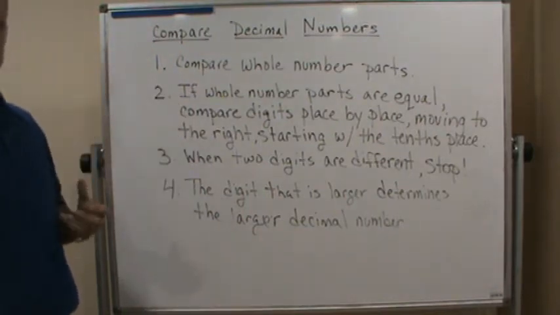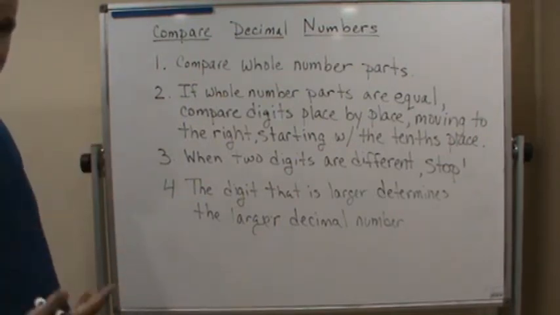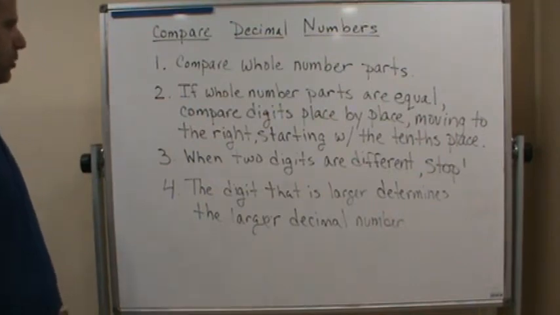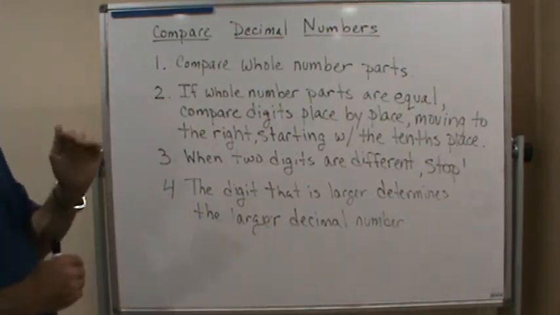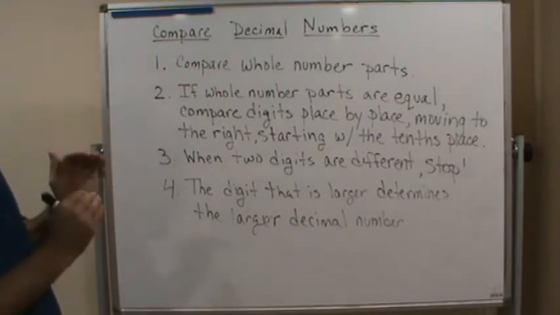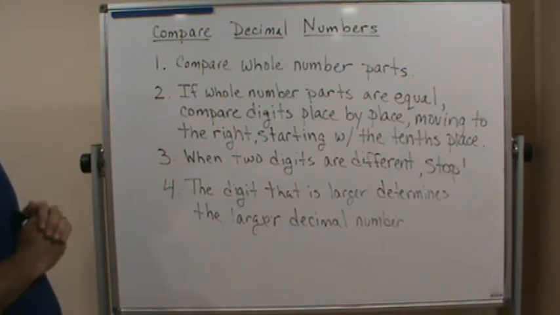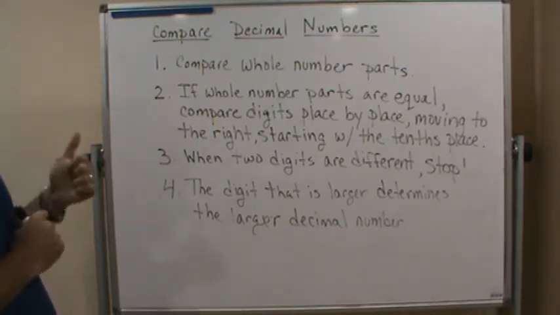But if you look at the whole number parts of the decimals and the whole number parts are the same or equal, then we have to go to step 2. Step 2 says we're going to start comparing the digits starting with the tenths place and move to the right and look at each digit in the numbers. Okay? That's step 2.